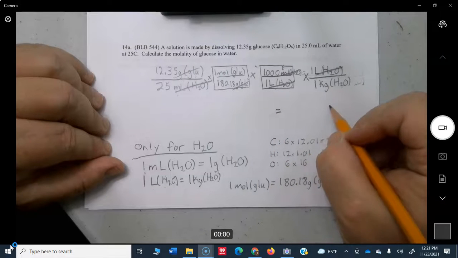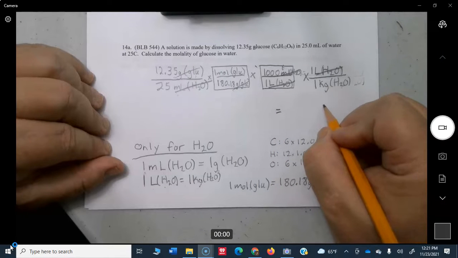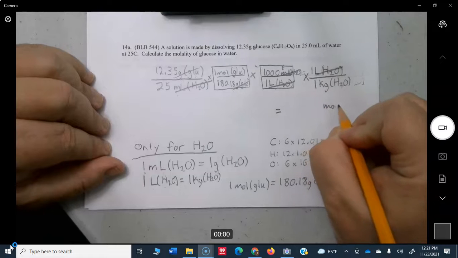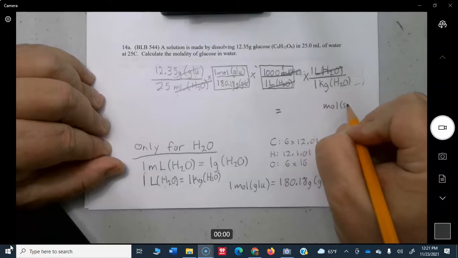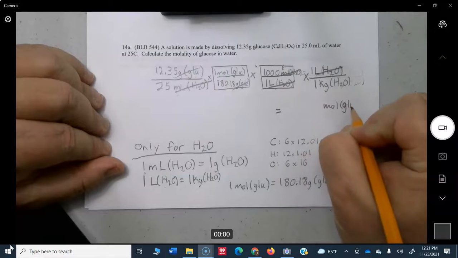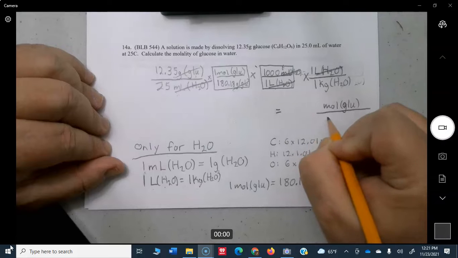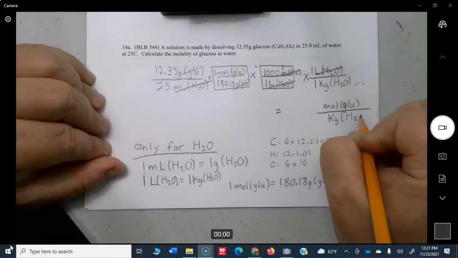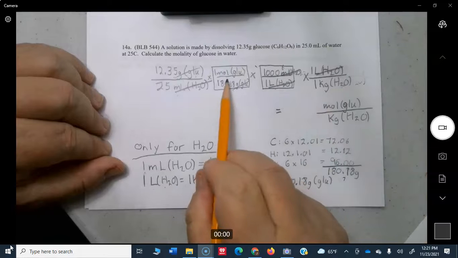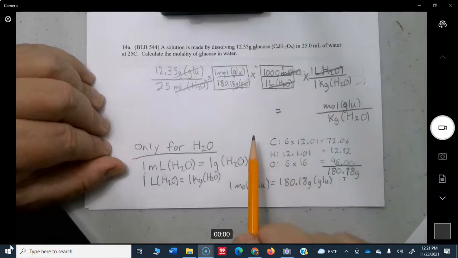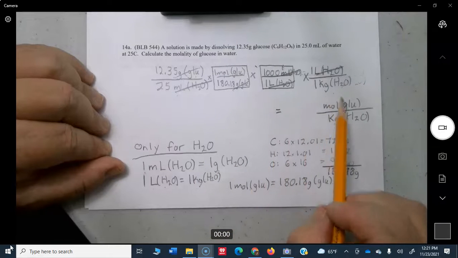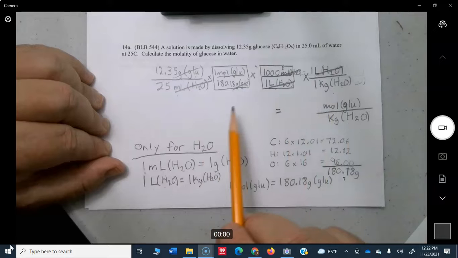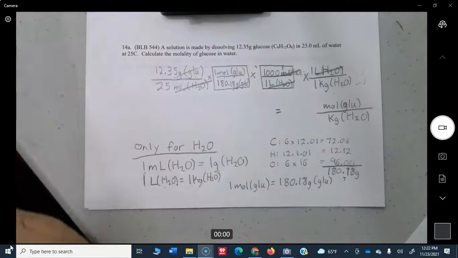And what it was is molality, so it's moles of glucose. That's what we're looking for. Okay, so moles of glucose appears top, and kilograms H2O bottom. So we got everything set up properly.